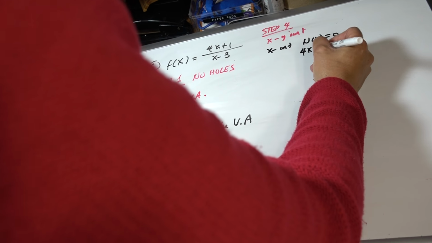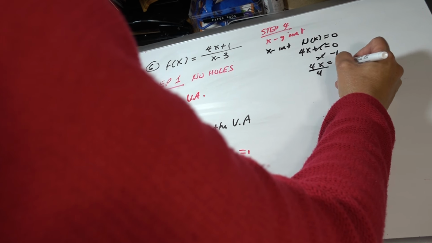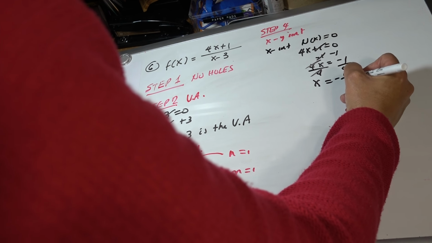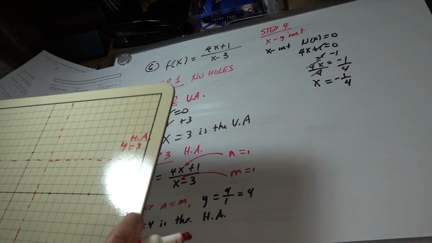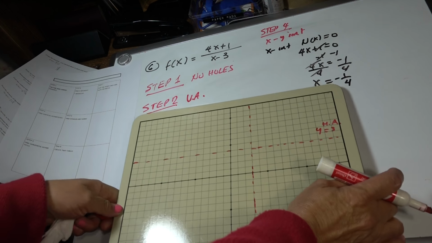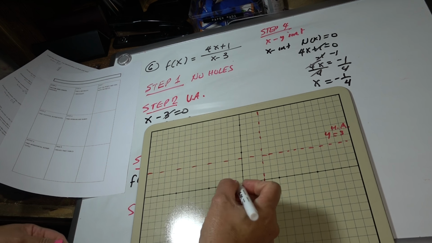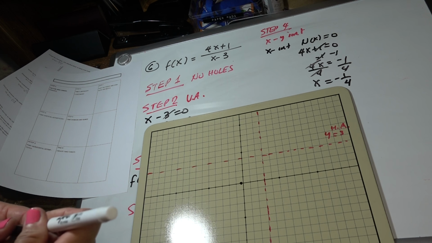Subtract 1: 4x equals negative 1. Divide by 4: x equals negative 1/4 is the x-intercept. So x equals negative 1/4 is going to be right there.